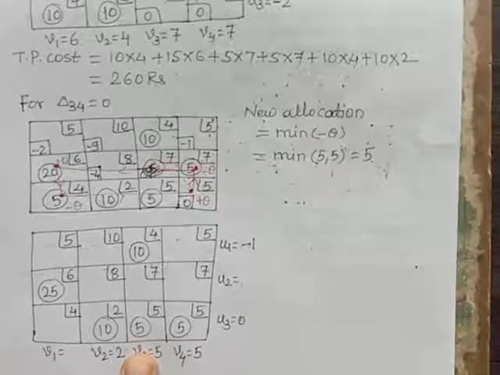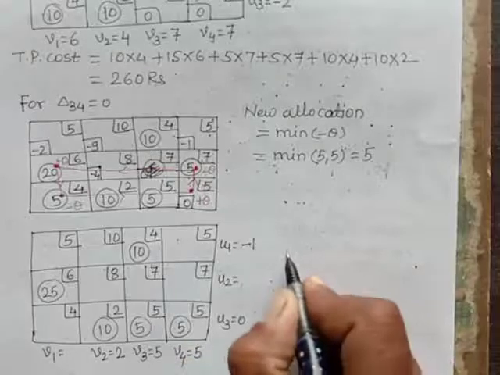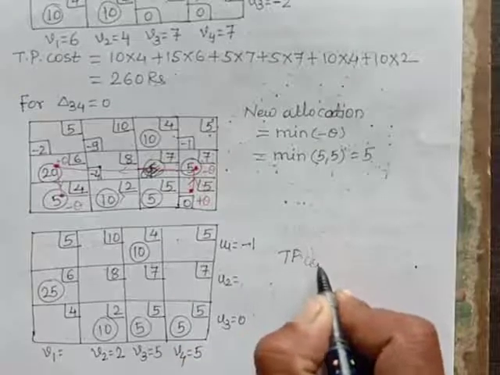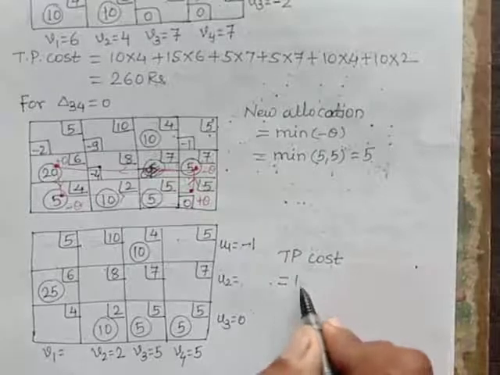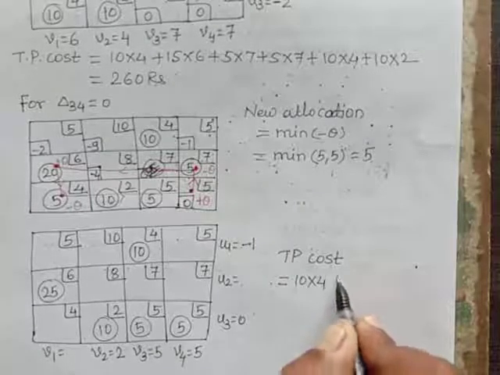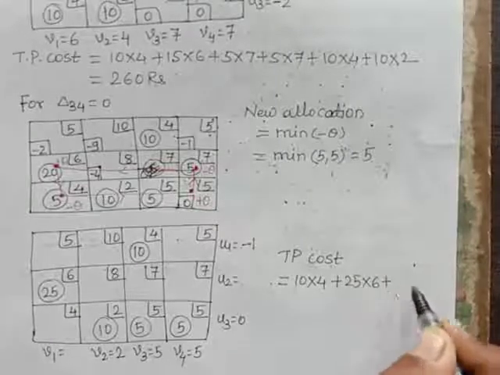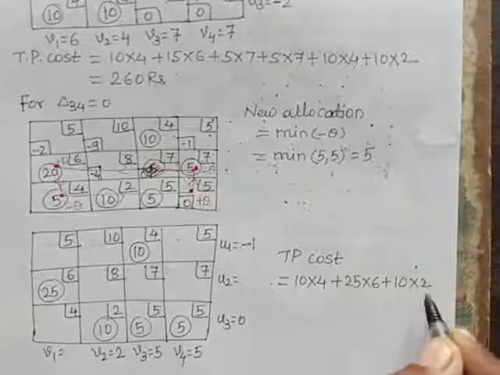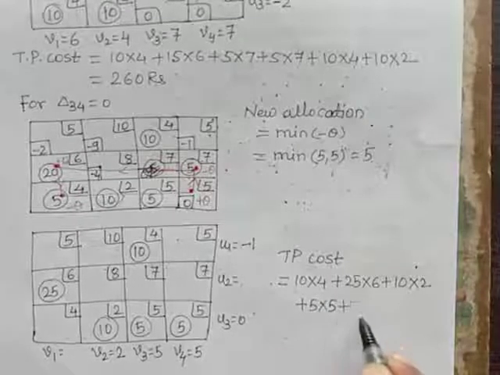And what can we say? This one also gives the same TP cost. So TP cost is what? 10 into 4 plus 25 into 6 plus 10 into 2 plus 5 into 5 plus 5 into 5.